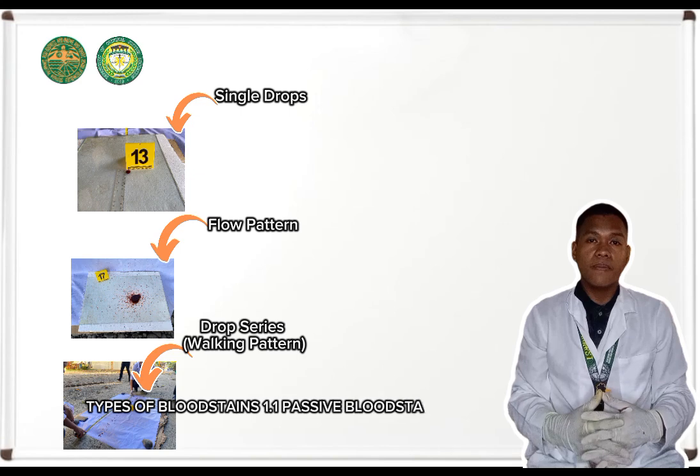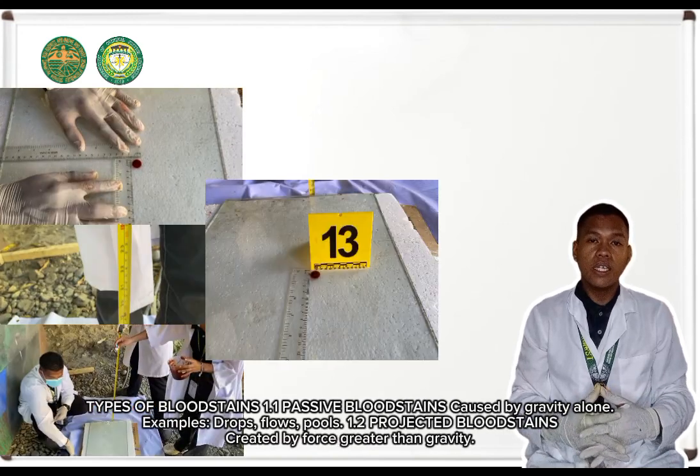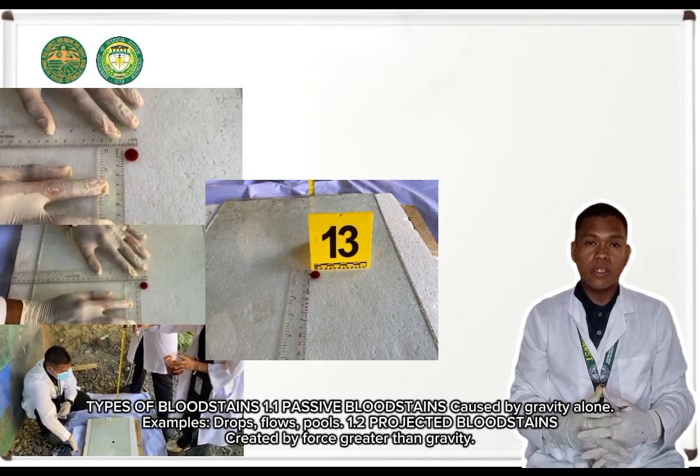Types of bloodstains. Passive bloodstains are caused by gravity alone, for example drops, flows, and pools.